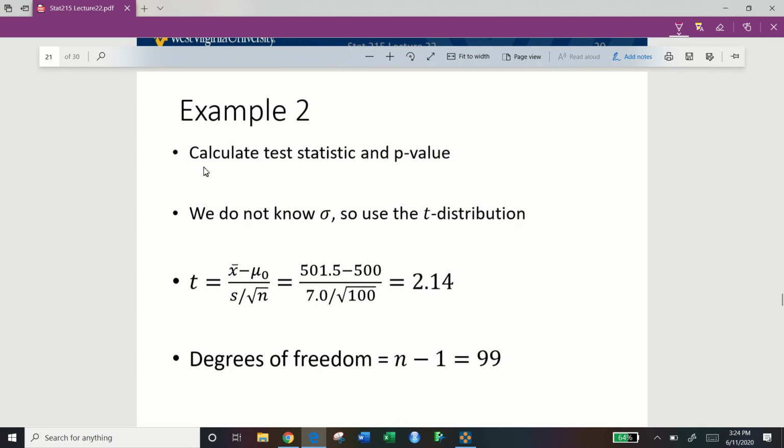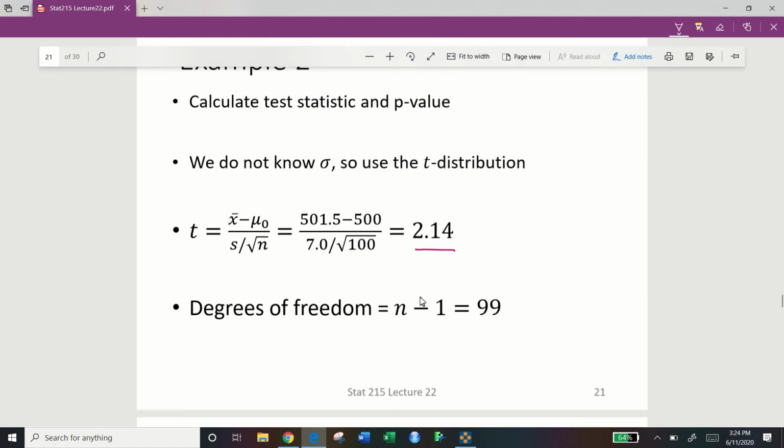So we can go ahead, since we have our assumptions qualified, and calculate our test statistic of t equals x bar minus mu naught over s divided by the square root of n. Plugging in our information, we will get a t statistic of 2.14. And our degrees of freedom will be 99 because n minus 1, or 100 minus 1, equals 99.